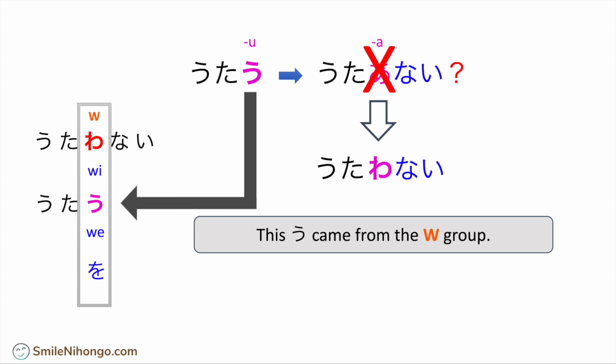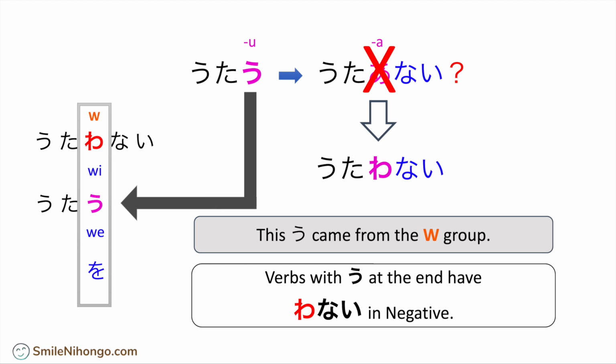And this applies to any verbs that end in hiragana u. When you encounter u verbs with u at the end, the negative form is going to have wa nai at the end, not a nai.